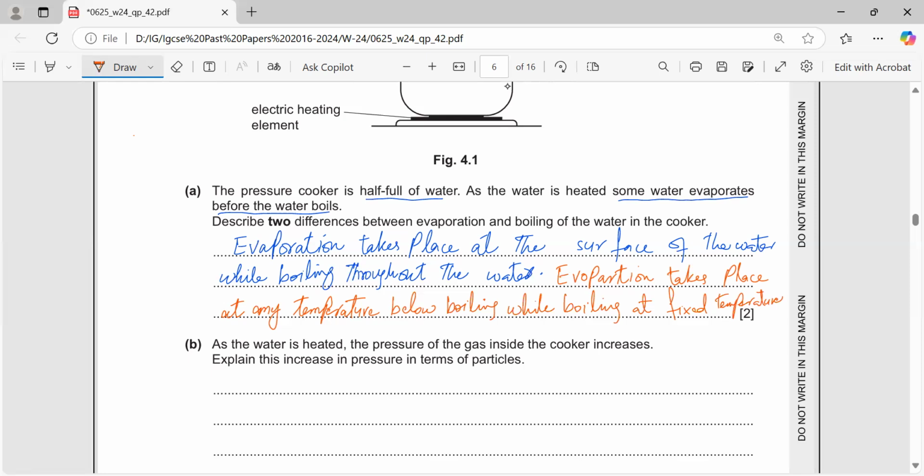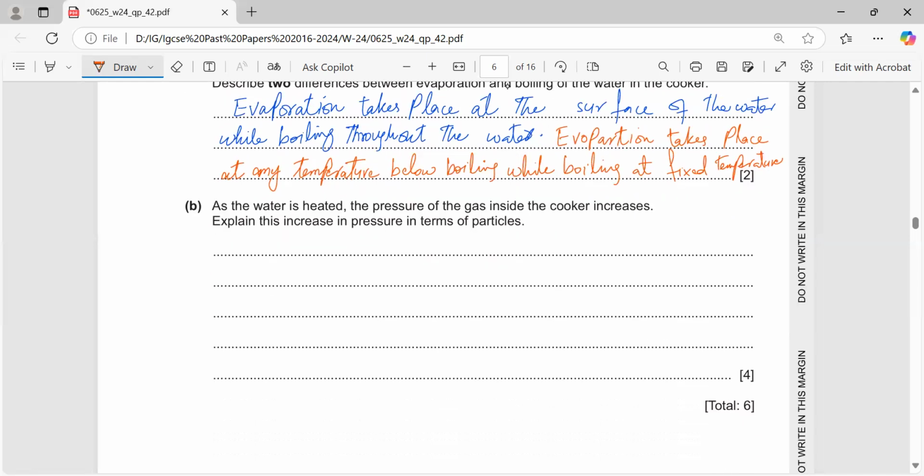As the water is heated, the pressure of the gas inside the cooker increases. Explain this increase in the pressure in terms of the particles. Here 1/4 mark is one extra mark, and this is one new way of thinking which I never discussed with you before.